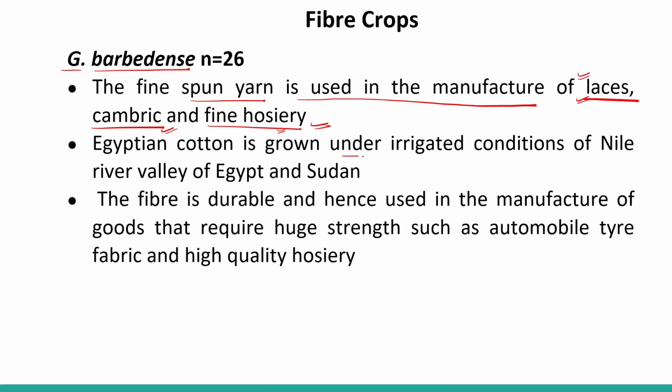Egyptian cotton is grown under irrigated conditions in the Nile River Valley of Egypt and Sudan. The fiber is durable and hence used in the manufacture of goods that require huge strength, such as automobile tire fabric and high quality hosiery.